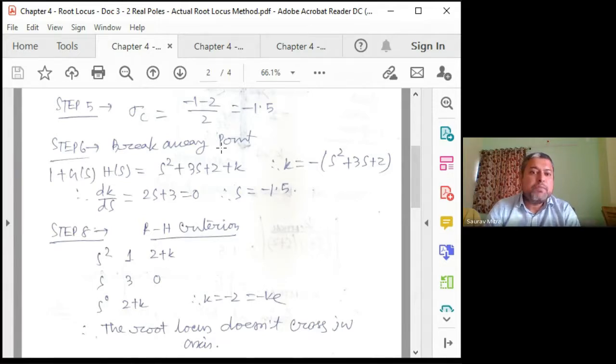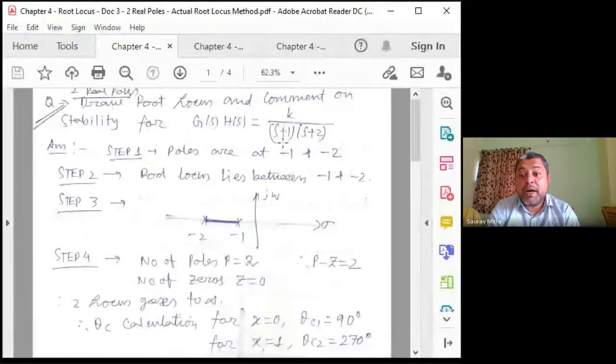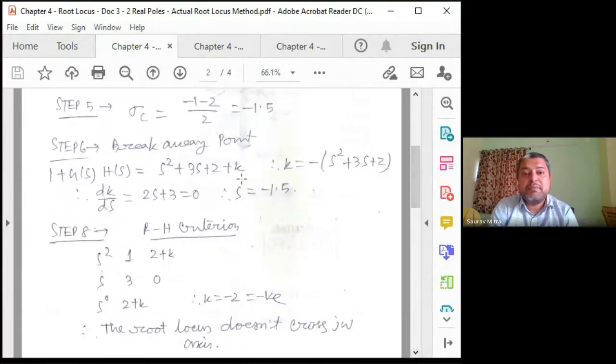Don't mind that. So sigma c is equal to minus 1 minus 2 divided by 2. What is minus 1 and minus 2? If you check the poles, minus 1 is the real part of the first pole, and minus 2 is the real part of the second pole. So how to find sigma c? Sigma c is the summation of the real parts of all the poles, minus the summation of the real parts of all the zeros, divided by p minus z.